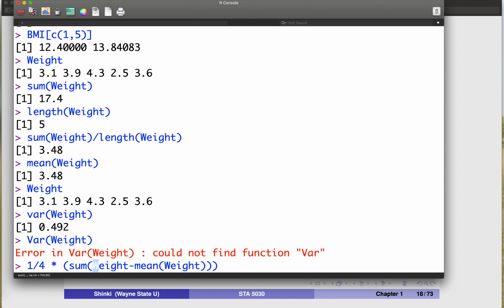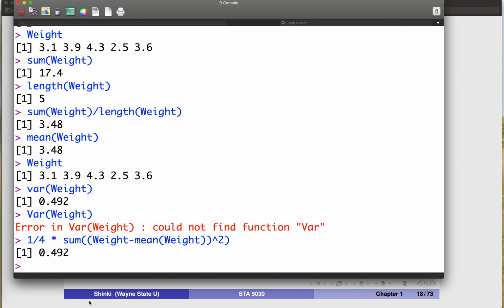So weight minus mean of weight, then square, then take the summation. Then we want to divide this by, oh, we have already divided by 1/4. So this is the number. We get the same number, 0.492.